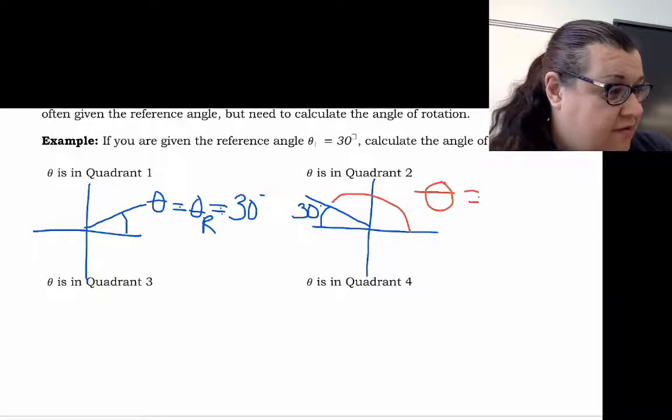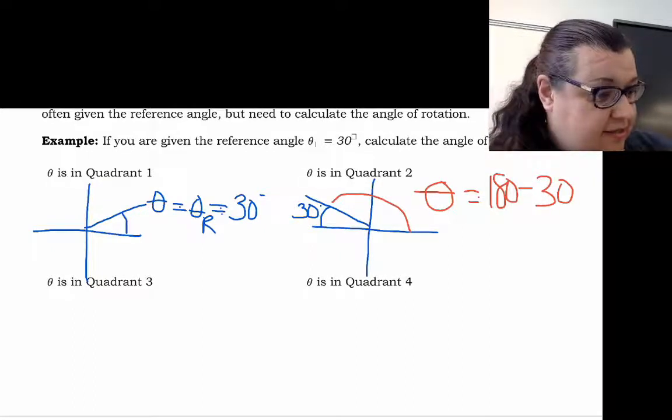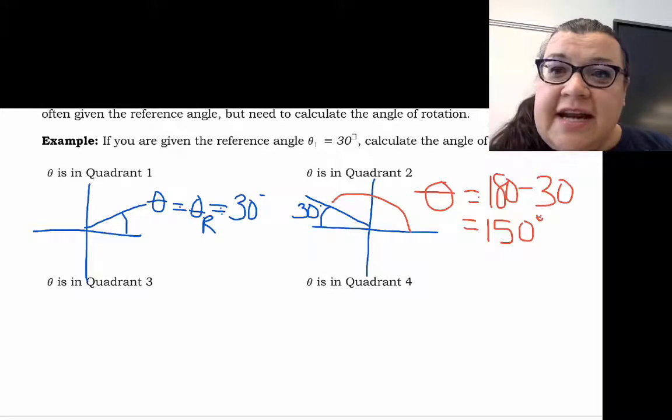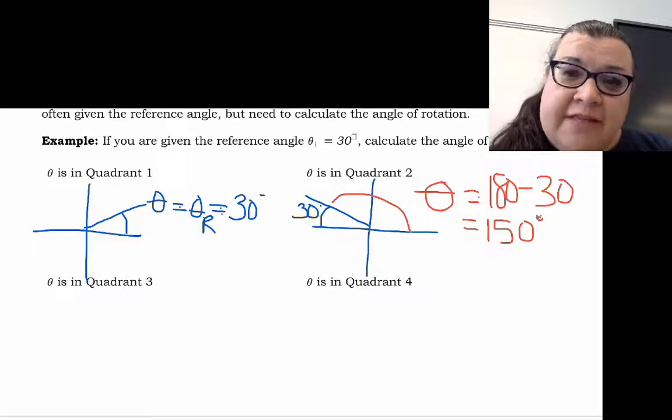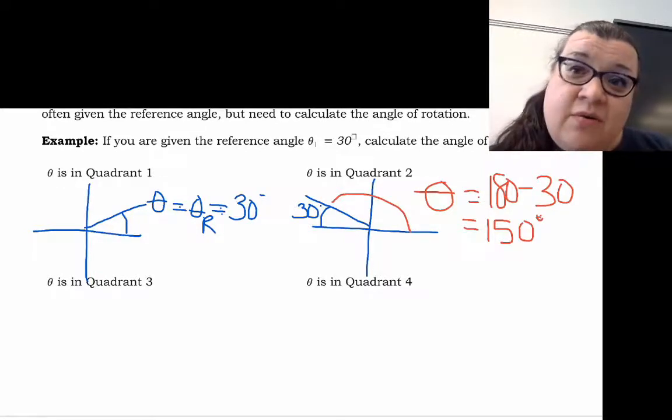So to figure out what our principal angle is, we're going to take 180 minus the reference angle of 30 degrees. So we are talking about 150 degrees. So 30 degrees and 150 degrees both have the same reference angle of 30 degrees. Just the 30 degrees is in quadrant 1 and 150 degrees is in quadrant 2.